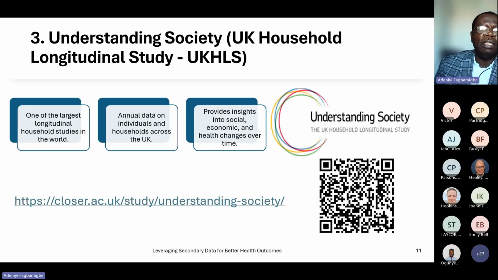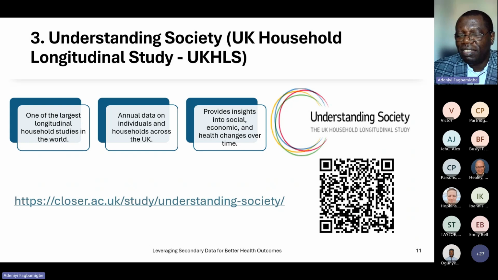Another example is Understanding Society, the UKHLS data. That one took over from the British Household Panel Survey in 2008, and it remains one of the largest longitudinal household studies in the world. It has annual data on individuals and their households across the UK.